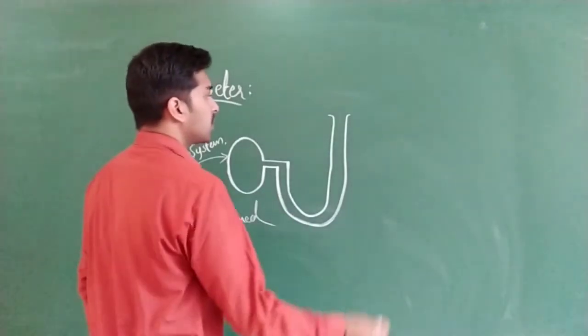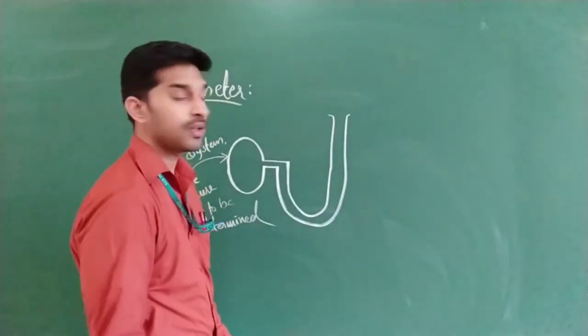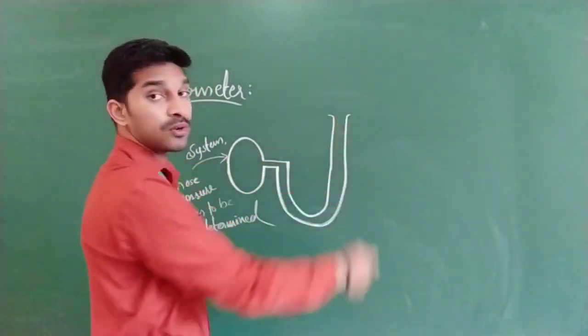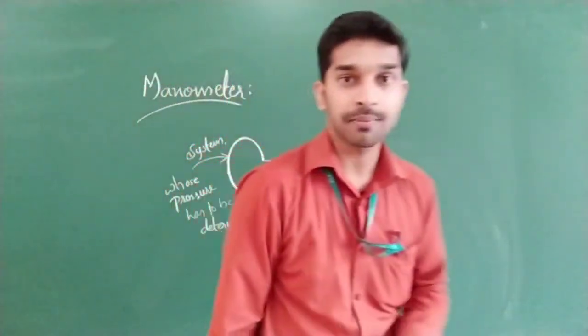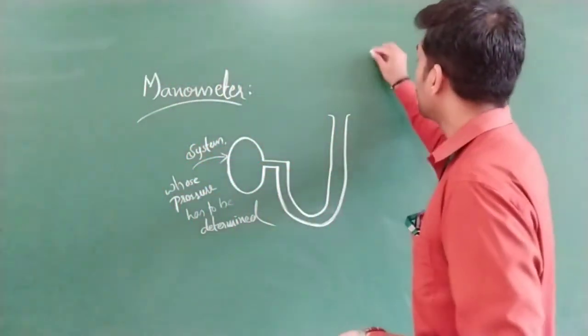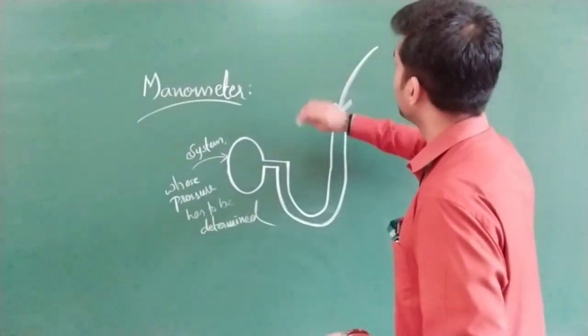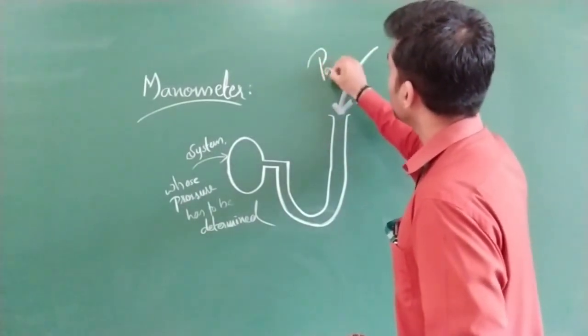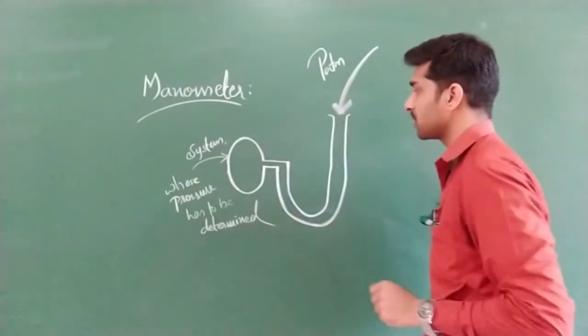Now this is kept open to the atmosphere. Clear? If it has been kept open to the atmosphere, which pressure will act at this point? Atmospheric pressure. Correct? So P atm, atmospheric pressure, is acting at this point.